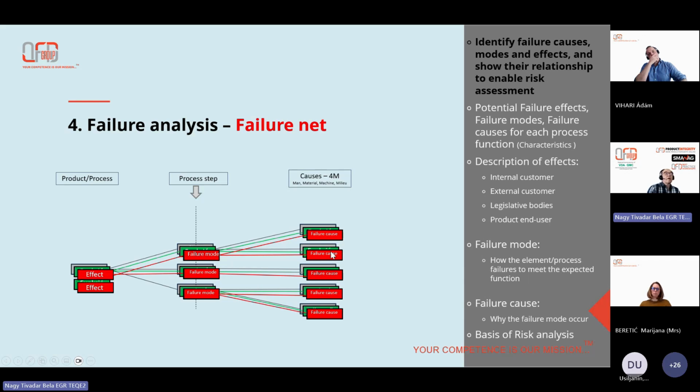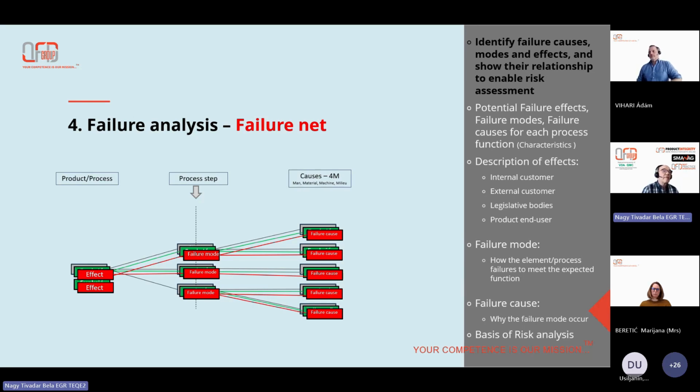One function or one characteristic could have one or more failures: failure mode, failure effect, or failure cause. When we have defined the failures for all functions, we link these failure elements together, and we get the failure net.